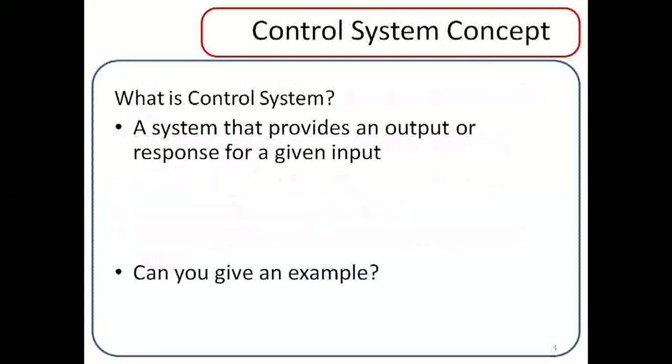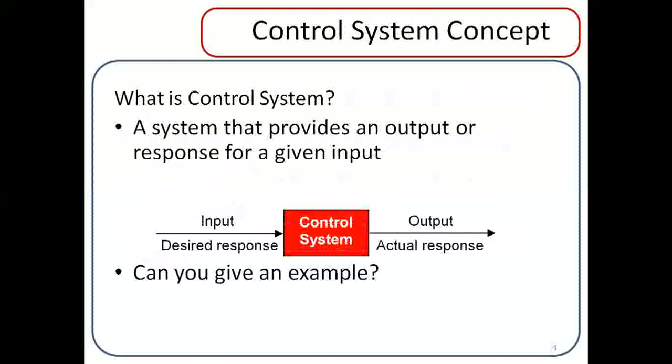What is meant by a control system? A system that provides an output or a response based on the given input. The processor is one of the components existing in the control system. Diagrammatically, the input is the desired response to be obtained, given as an input signal to the control system.